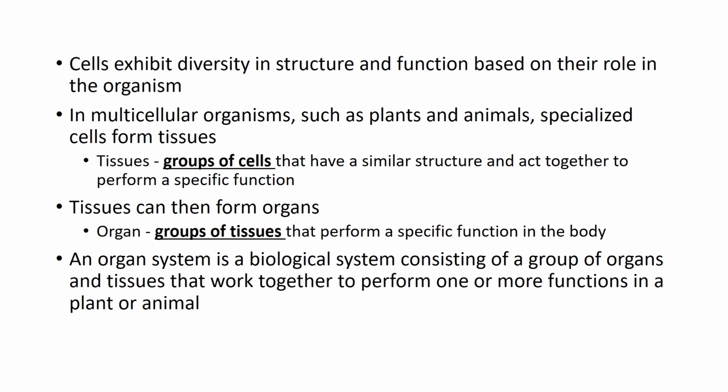So for example, you will have cells in the lungs that make up specific types of lung tissue, and then various forms of lung tissue collectively make up the lungs, which are part of the respiratory system. So very often complex animals consist not only of just cells, but complex networks of cells.